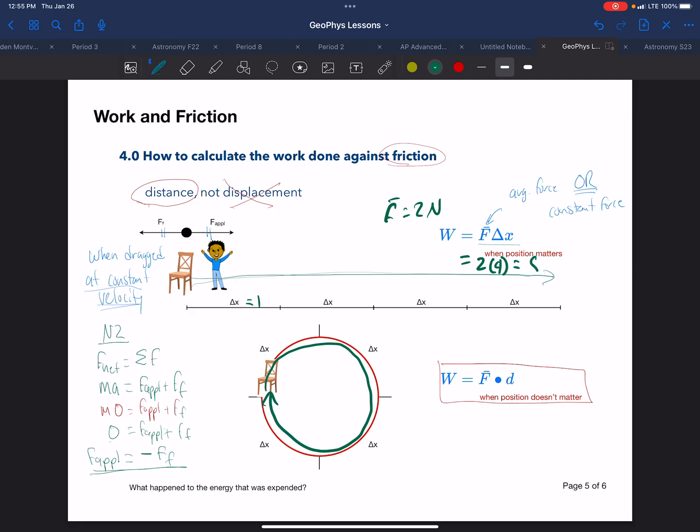That would give us 8 joules of work done. And if we use the average force, being the same average force of 2, and the distance now is the same 4, because the distance traveled around the circle is 4, that gives us, again, 8 joules.